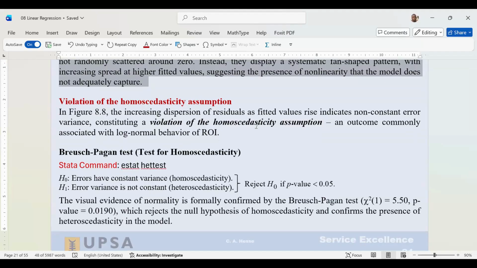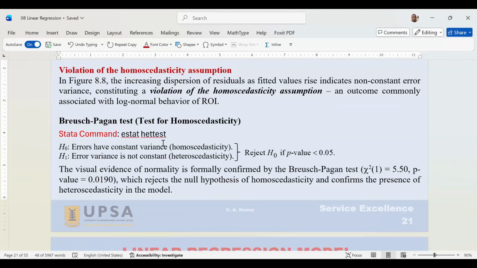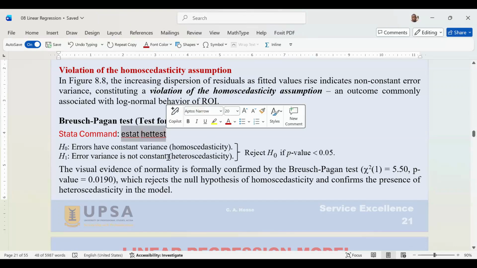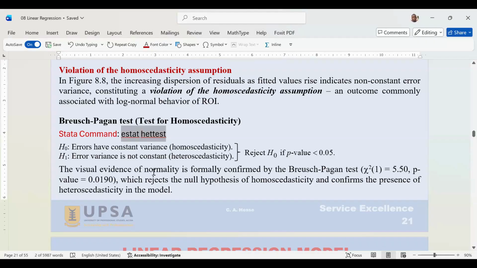What about the homoscedasticity assumption? Conduct that one. So copy this command, estat, then paste it, and that will give you the results of the Breusch-Pagan test. We are testing homoscedasticity in our data. What is homoscedasticity?